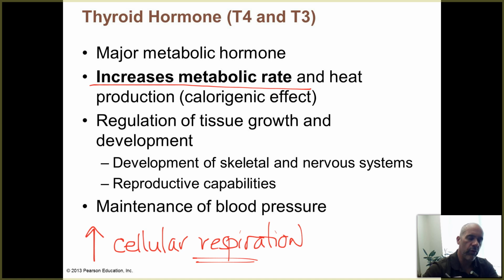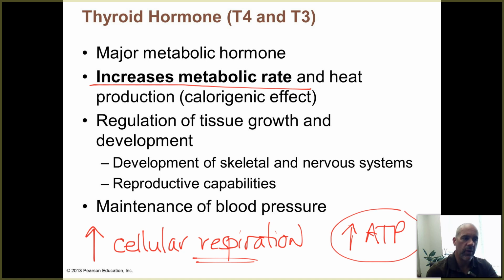So you're going to break down nutrients faster, and you're going to increase your ATP production. All of those things you associate with cellular respiration are going to happen faster when thyroid hormones are produced at higher levels.